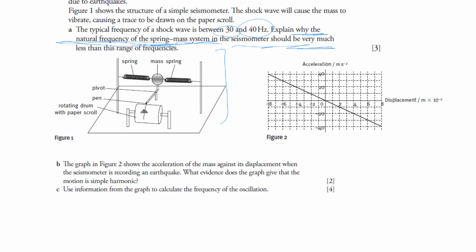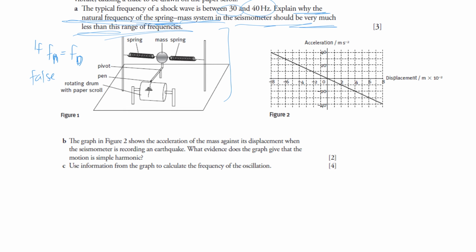If the natural frequency, Fn, matches the driving frequency, resonance will occur, and that will give us a false reading for the strength of the shock wave. So we are actually taking the reading of the shock wave. That is the reasoning there.